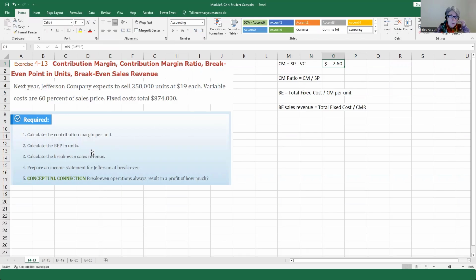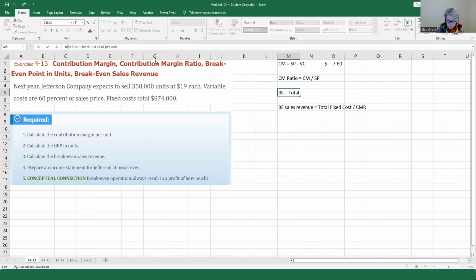So next it says calculate the break-even point in units. This is break-even, and I should update this: break-even in units. There we go. So now we know we're going to take the total fixed costs, which we know is $874,000. We're going to divide it by the contribution margin per unit, which is, of course, $7.60.